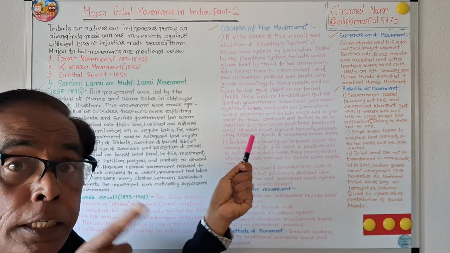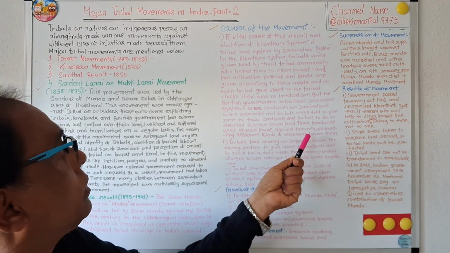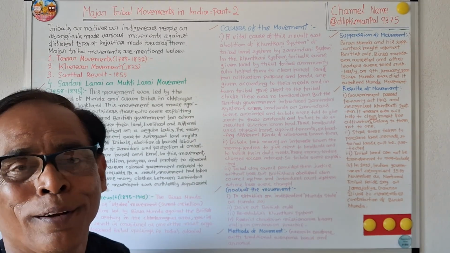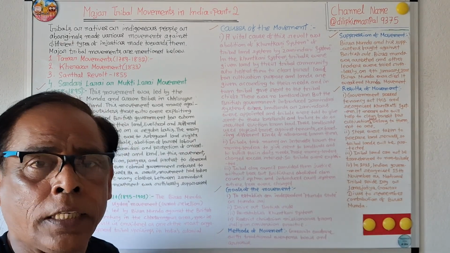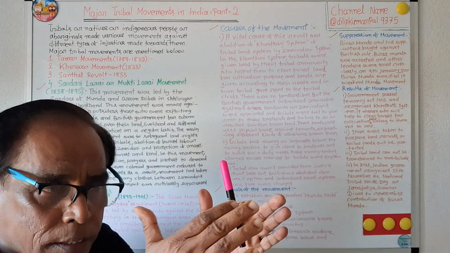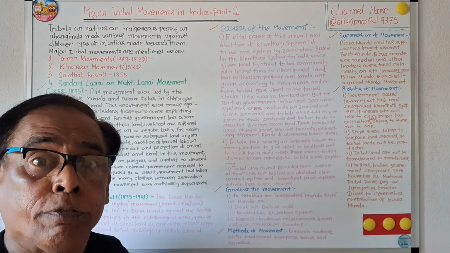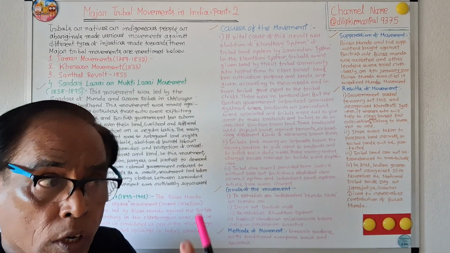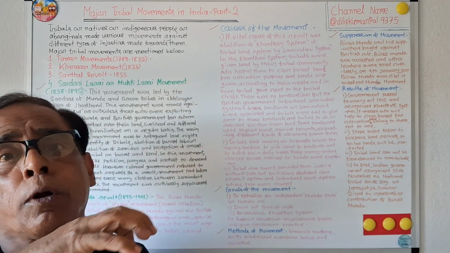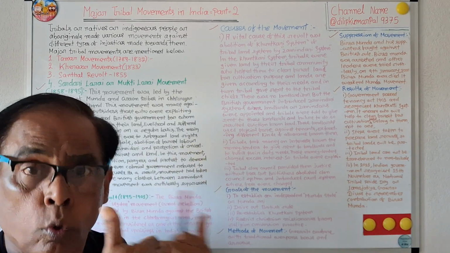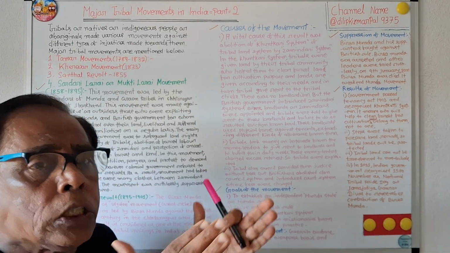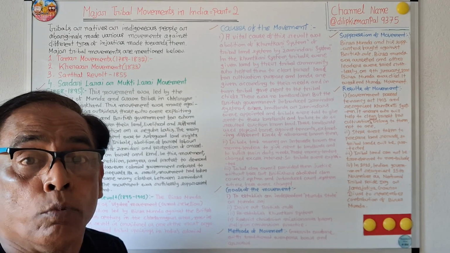These Jomidars used physical force against tribals who were unable to pay rent, and extracted different kinds of allowances and gifts from them during their ceremonies. So as the Khuntkatti system was abolished, the Birsa Munda movement took place.